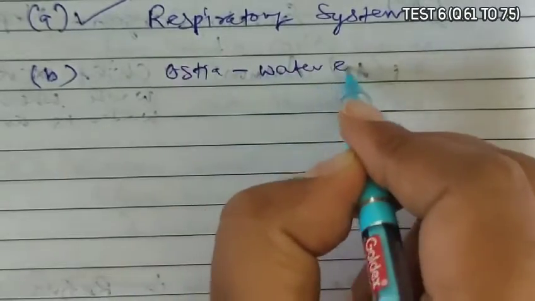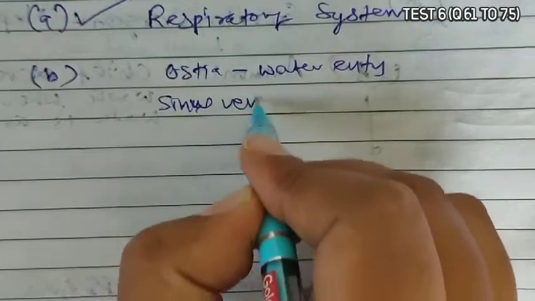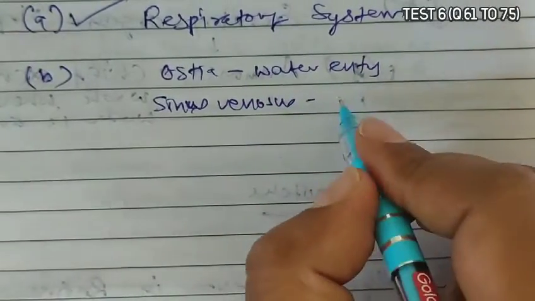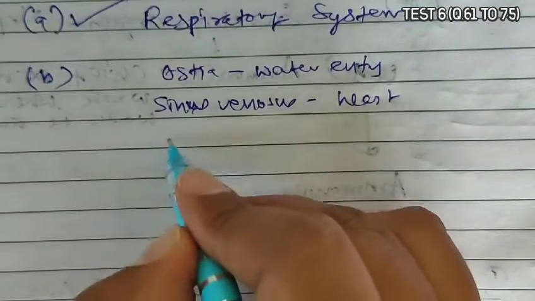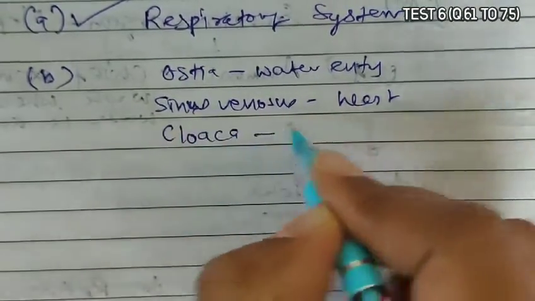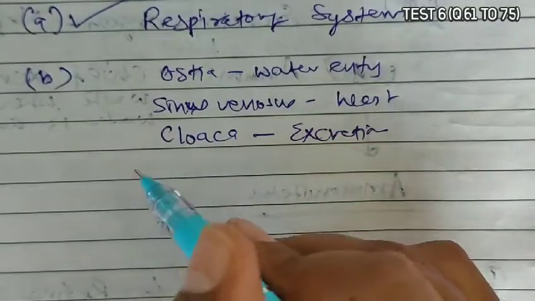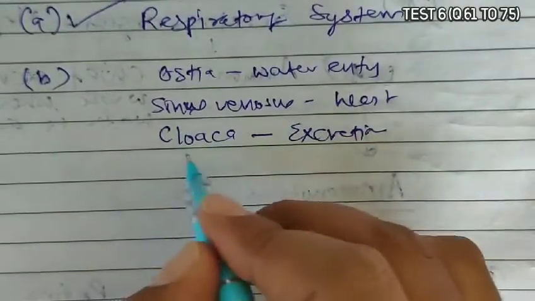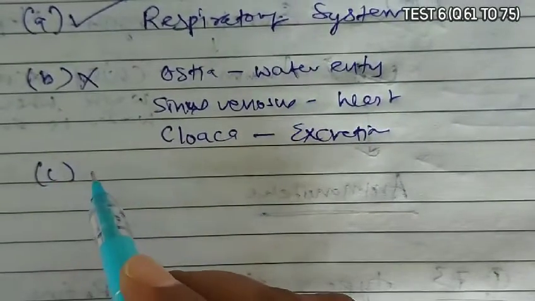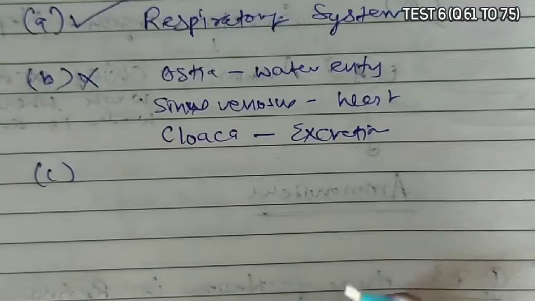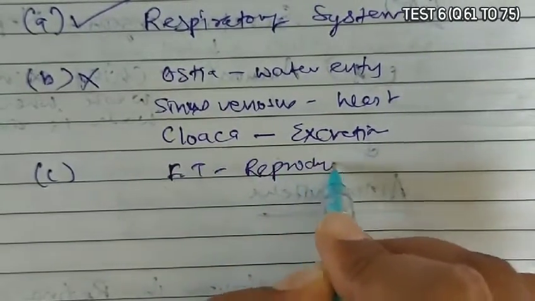Option B is given as ostia, which is for water entry. Next is sinus venosus, that is with respect to heart function. Another given are cloaca, that is for excretion, and anal cerci, that is for different functions. So this is not correct. Option C is given as fallopian tube, ovary, and stomach.